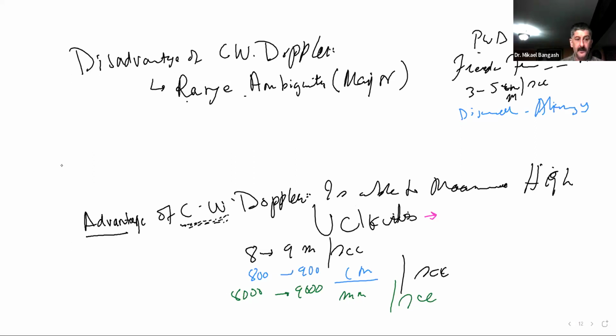One thing we don't see in a continuous wave Doppler is that it's able to record high velocities. Another advantage due to that is that in a continuous wave Doppler there's going to be no aliasing.